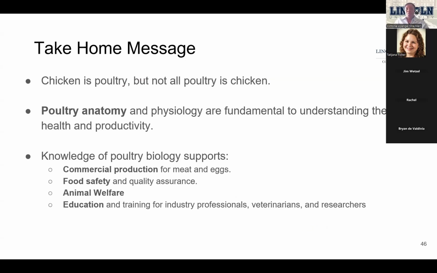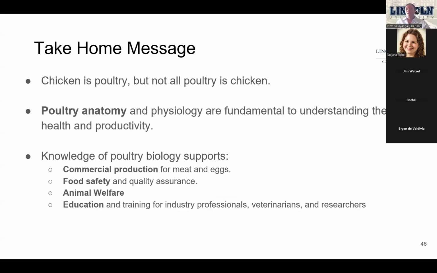Overall, poultry biology is pretty broad, and we've tried to touch on some of the key areas. It is important to emphasize again, because this is for small producers, that your chicken is poultry, but essentially not all poultry are chickens, which we saw with the different poultry species that we looked at and some of their distinguishing features.